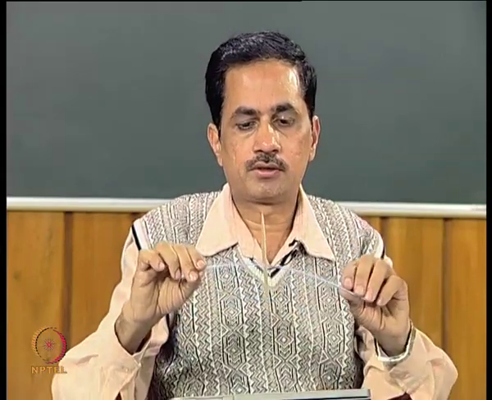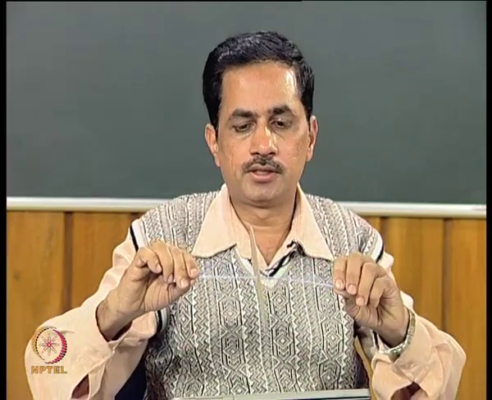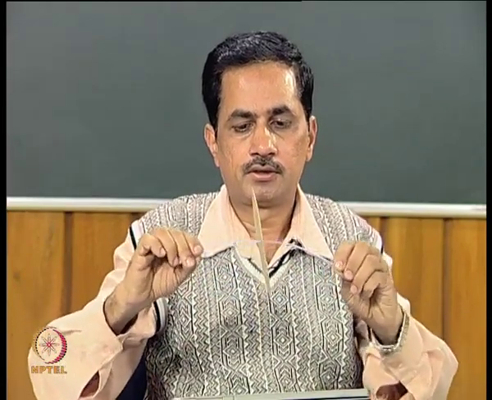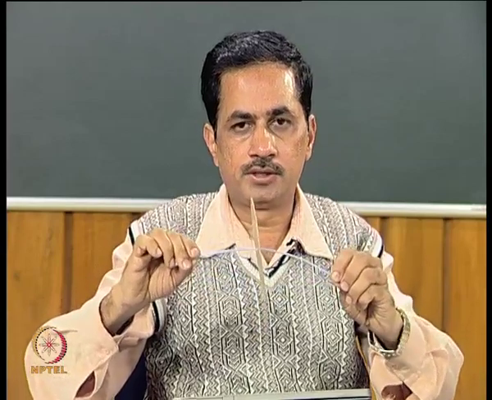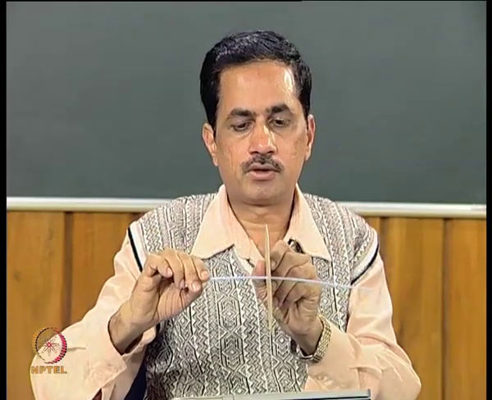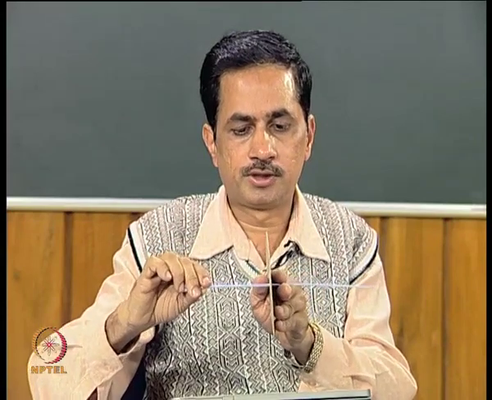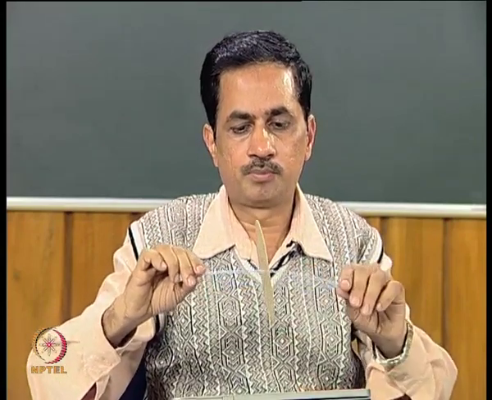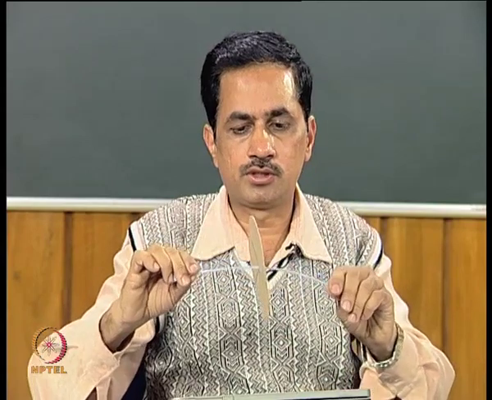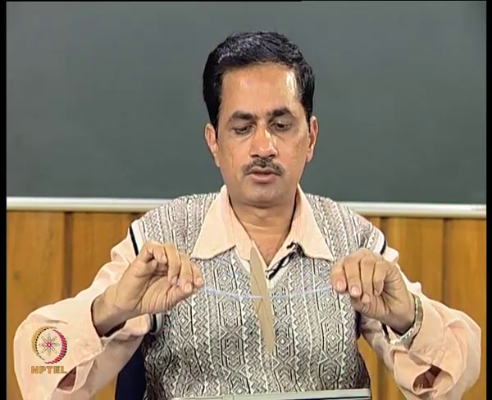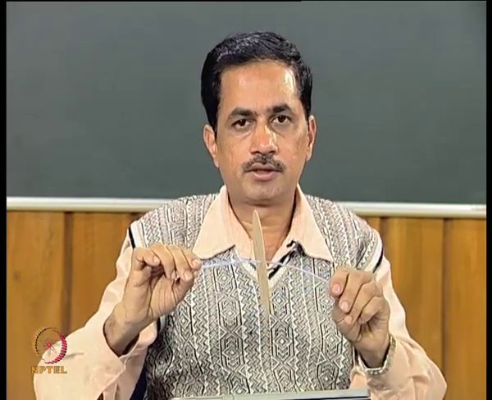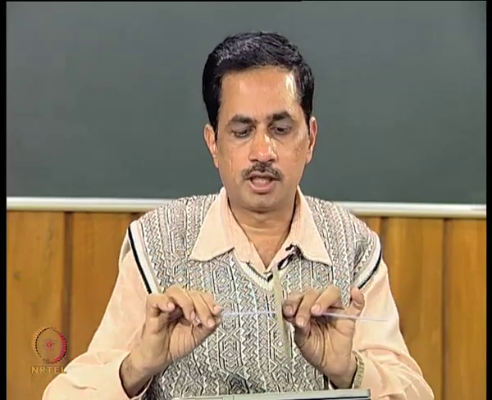So when the whirling is taking place in vertical and in two planes, this particular disc always remains vertical, because this is at the midspan and the slope of the shaft elastic line is always 0 at midspan. So there will not be any tilting or wobbling of the disc.